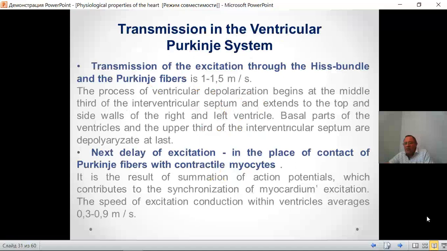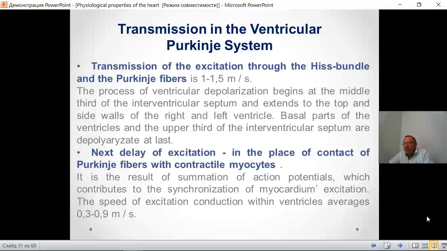Transmission in the ventricular Purkinje system. The speed of transmission of the excitation through the His bundle and the Purkinje fibers is 1.5 meters per second.